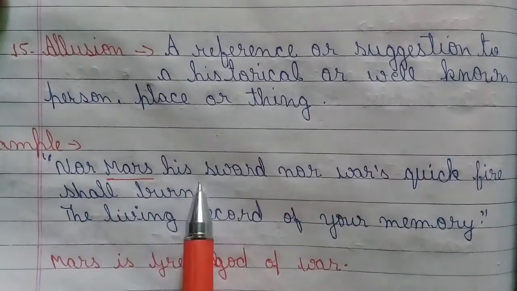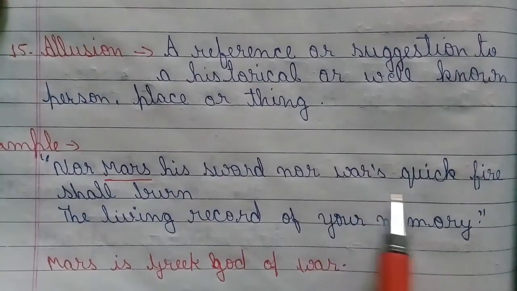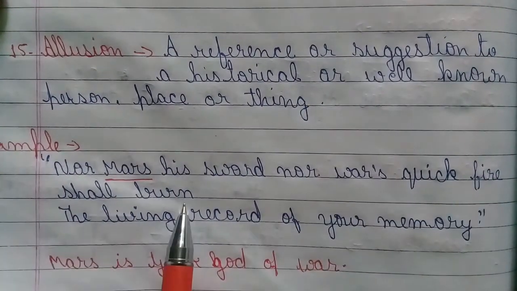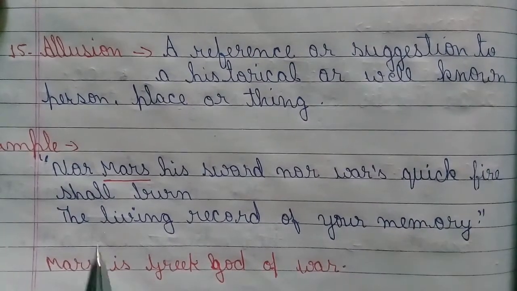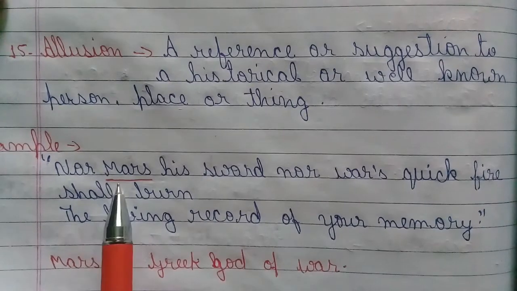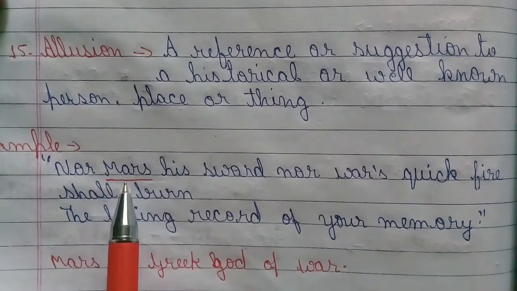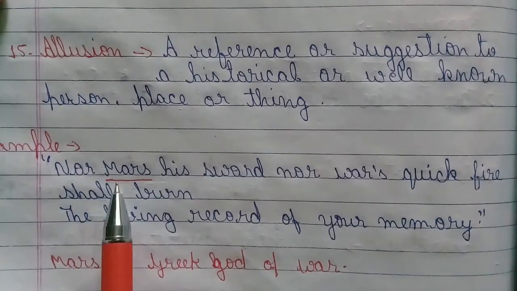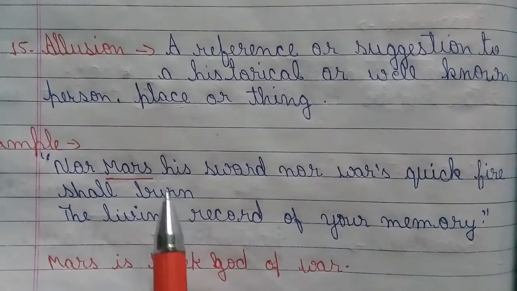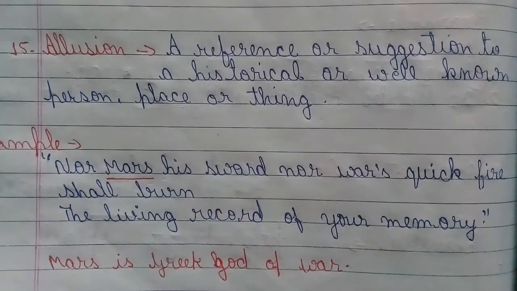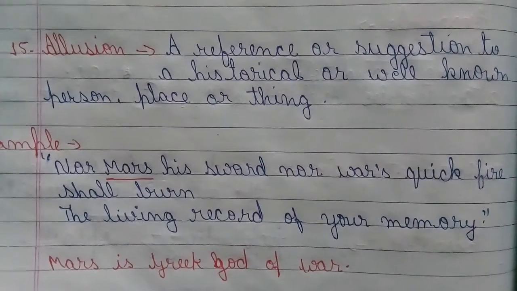Nor Mars his sword, nor war's quick fire shall burn the living record of your memory. So here Mars is the Greek god of war. Mars refers to a god.